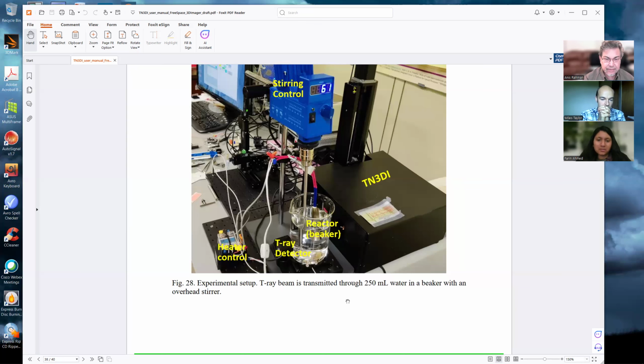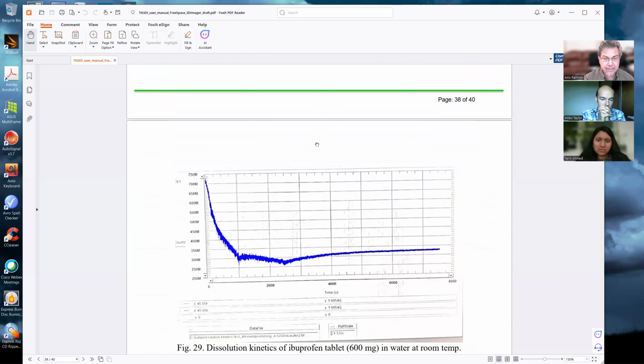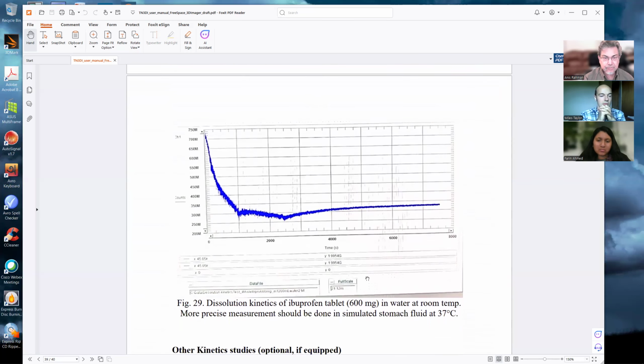The point here is, think about this tablet. If we raise the temperature, it would dissolve faster, and we can measure that here. If it was a different tablet, the solubility would be different, and this curve will tell us how fast.